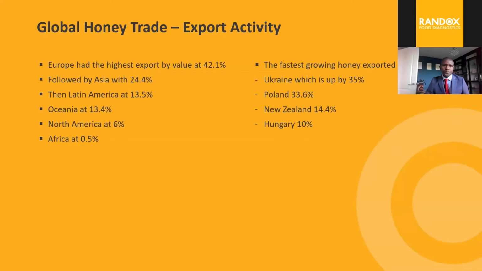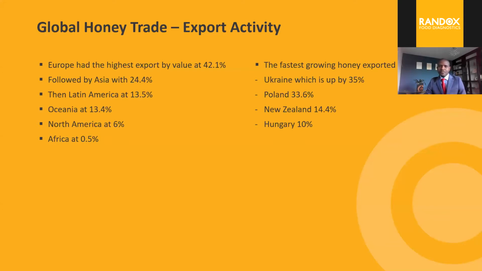Okay, so Europe had the highest export values in the previous year, should we say, followed by Asia at 24%. And then we also have Latin America, 13.5%. And Africa had the least. But the fastest honey producing areas, you have the Ukraine, Poland, New Zealand, Hungary.